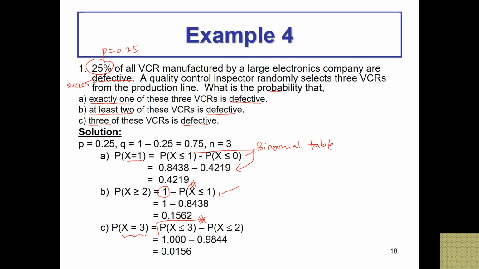So this part here, and of course this part here. If you're not sure, you may refer back to the important table that I have shown you previously, on how to calculate those probability values using the binomial table. I call it the important table.